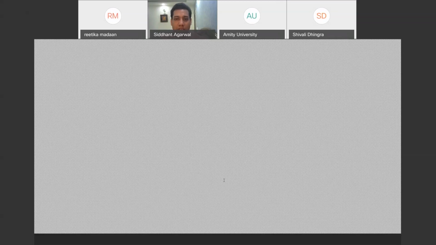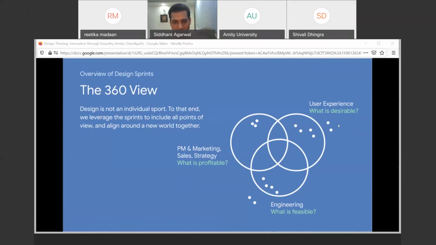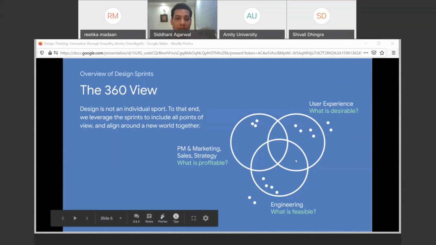The resulting framework and set of methods is flexible, and teams are continuing to adapt it based on different goals and organizational cultures. If you look at this slide, it talks about all the domains. It's not restricted to designers or engineers. It also expands to product managers, marketing, sales, and strategy. Everyone comes together into a single platform and executes these design sprints to come up with a feasible solution, to understand from each of their domains what is profitable, what is feasible, and what is desirable for the end user, and they come up with this kind of framework.